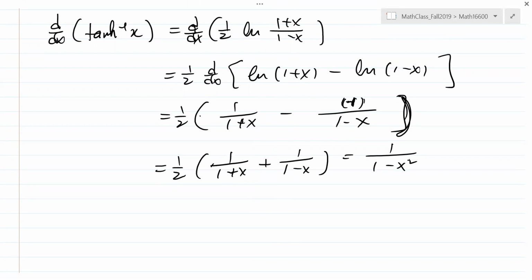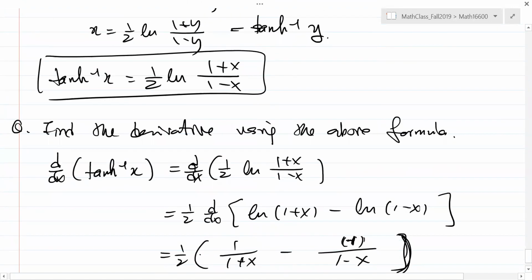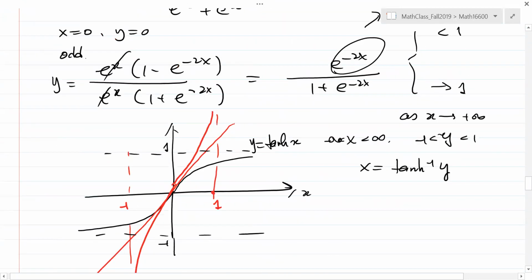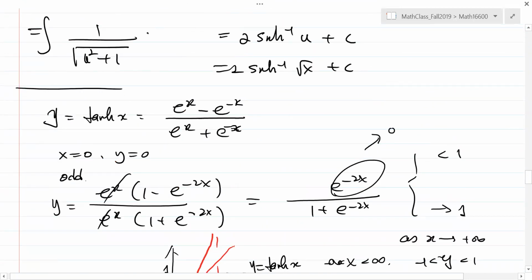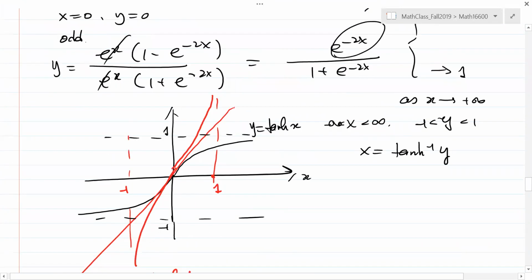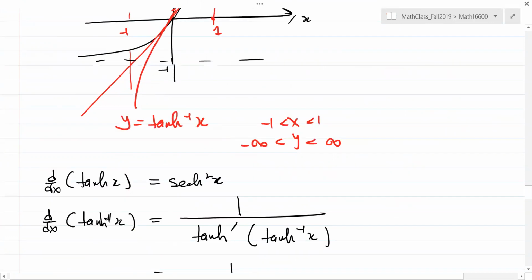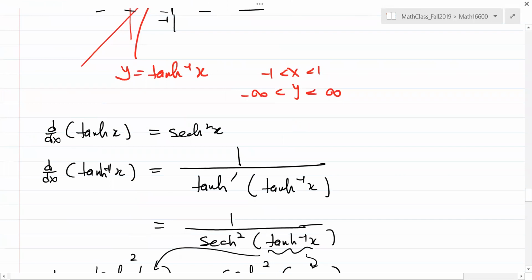Let's go through the logic. Let's quickly go through the problems. So you have the hyperbolic tangent x. You know the inverse exists, but I was not in a hurry to find the formula for the inverse function, but I still want to find the derivative.